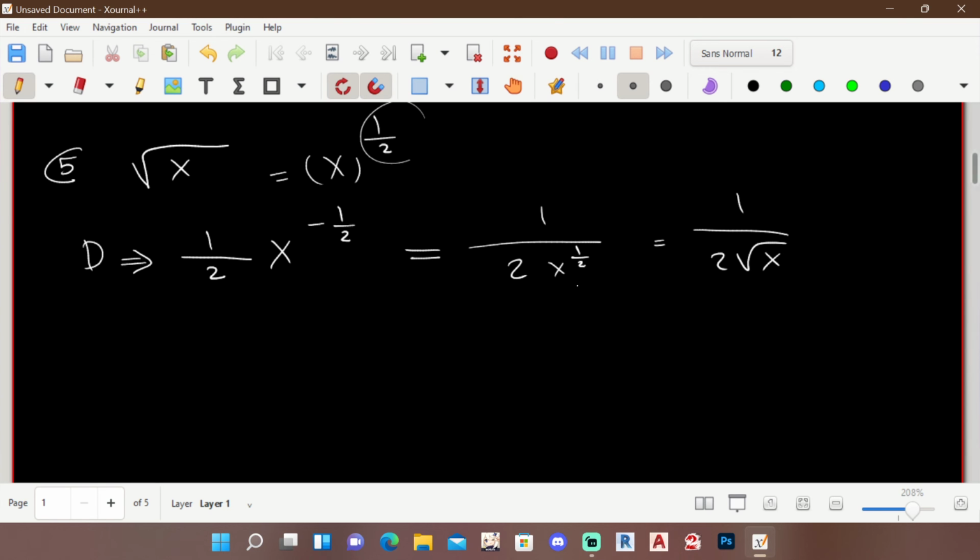Okay, 6 is a fraction, and this is the same as saying that we've got x.